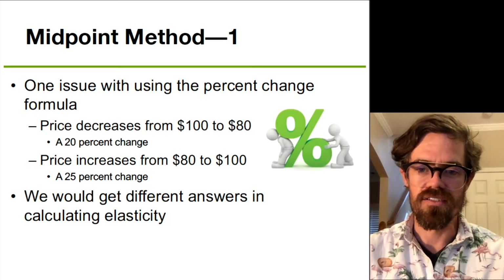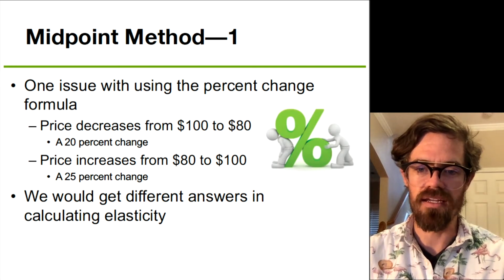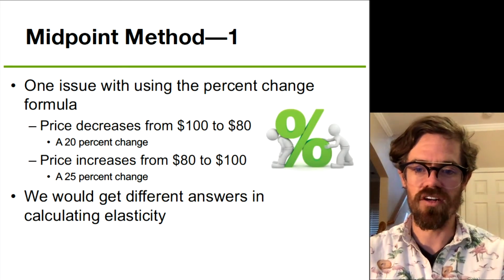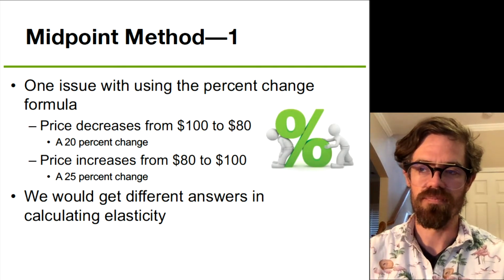Now 20 is 25% of 80. So if we used our usual percent change formula, we would get an increase of 25%. So in other words, depending on where we started from, we would get different answers calculating our elasticity if we were to use the standard way of calculating percent change.